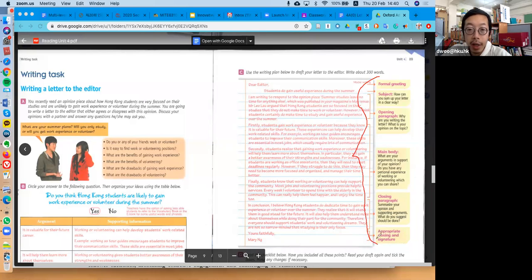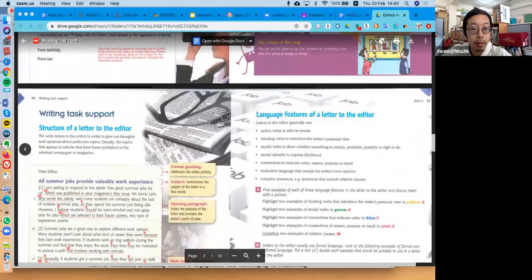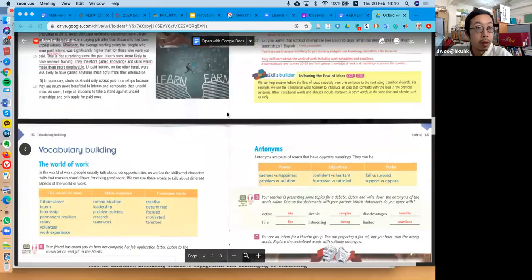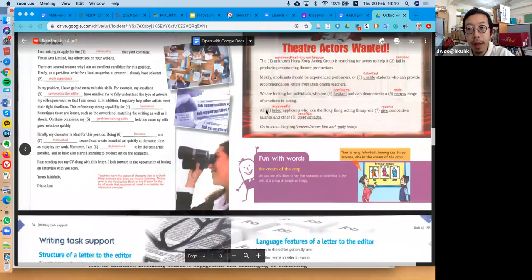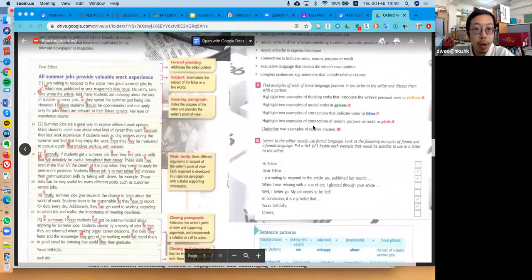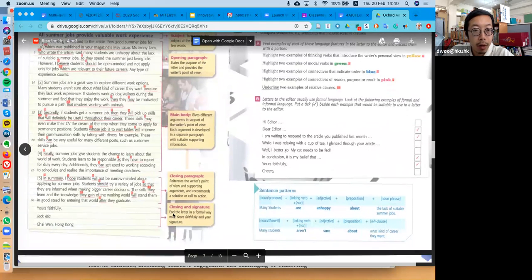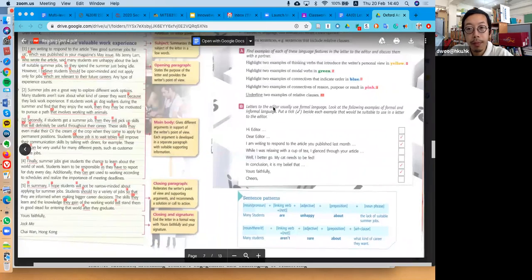So page 89 is useful. In addition, pages 84 and 85 are useful. So again, you see the structure here. A formal greeting, dear editor, subject, opening paragraph, main body paragraphs, closing paragraph, closing signature.